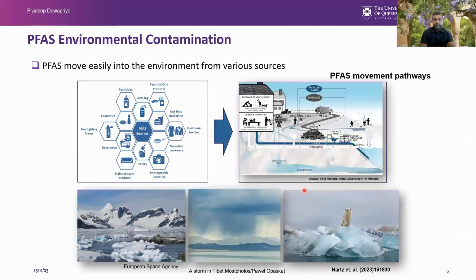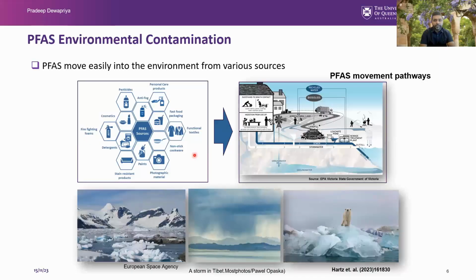In general, PFAS is highly mobile. PFAS can quickly move into the environment from various PFAS-containing sources and circulate through several pathways. Here I'm showing you some of the known PFAS sources that contribute to PFAS environmental contamination.